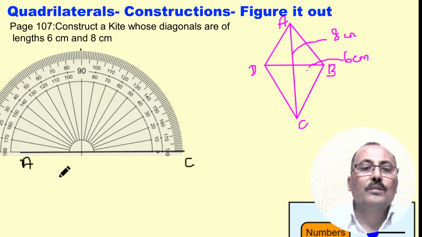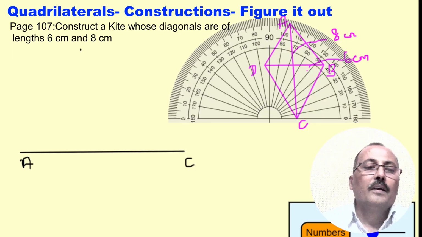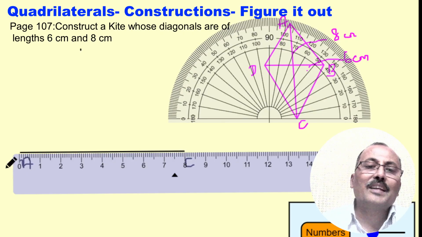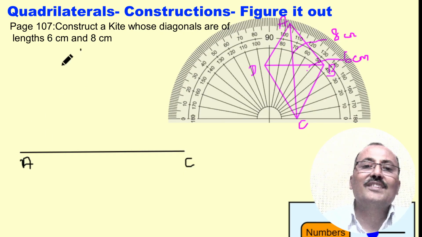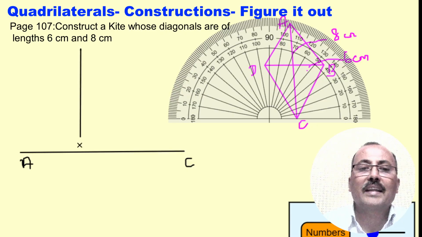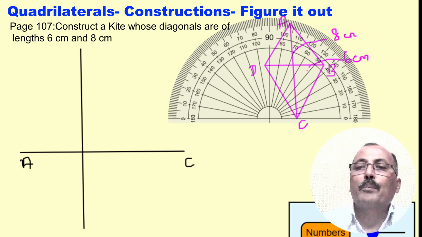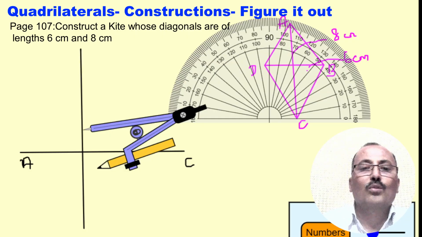Now, you can keep the ruler or you can directly join this using the line segment. If I join this line segment and extend, that will be perpendicular only. But actually you have to draw using the ruler. That is the point where we kept, and this one we have to draw. Now take the compass or the ruler.